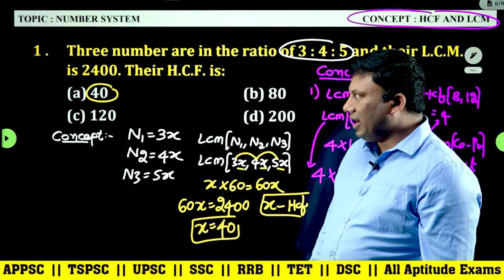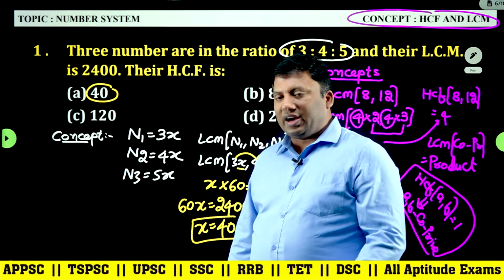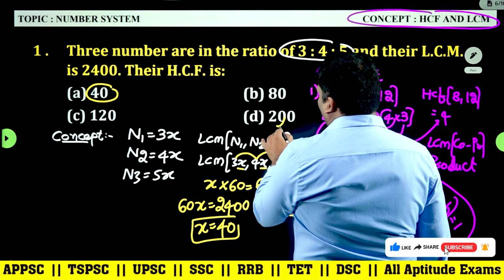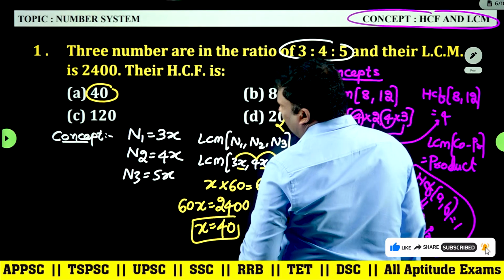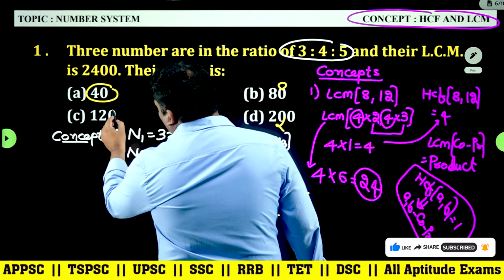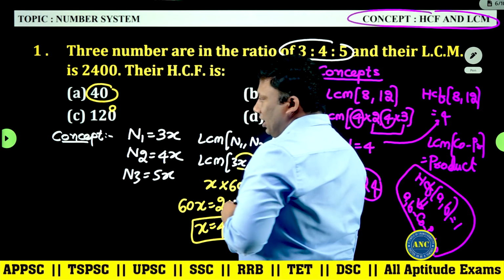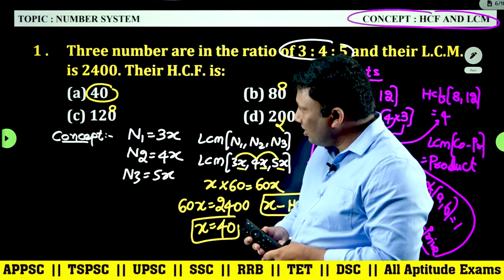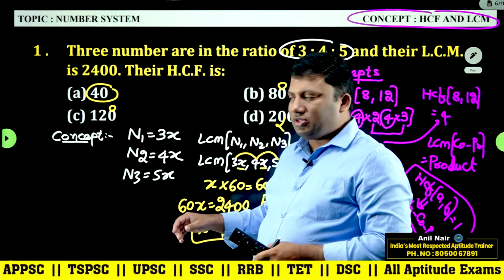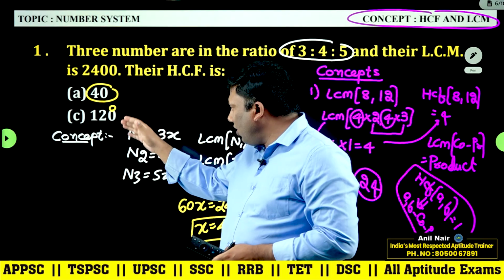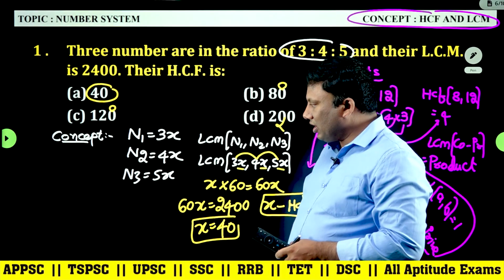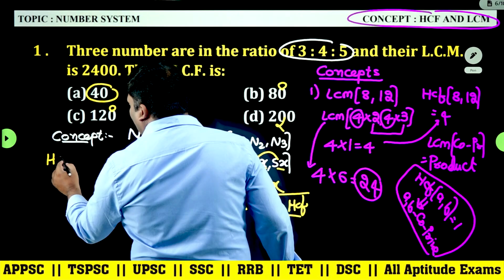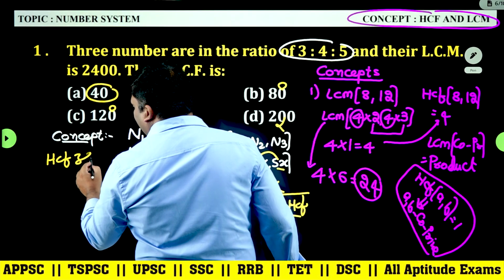I hope the idea is clear. Suppose the options were given like 220, 88, 128, or 40, 120. Why did I change the answer options? There is a beautiful concept: HCF is always a factor of LCM.